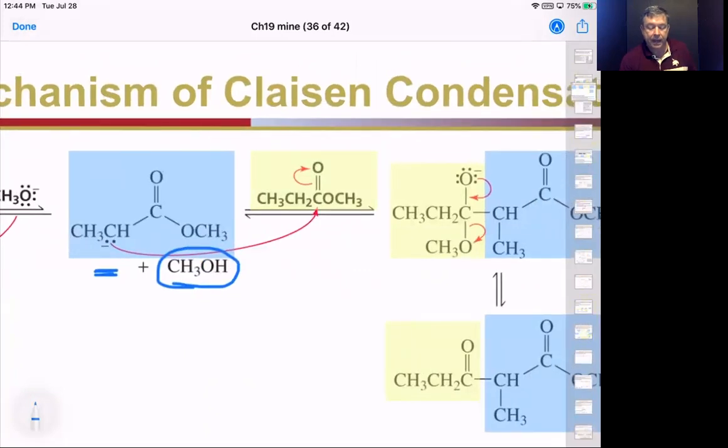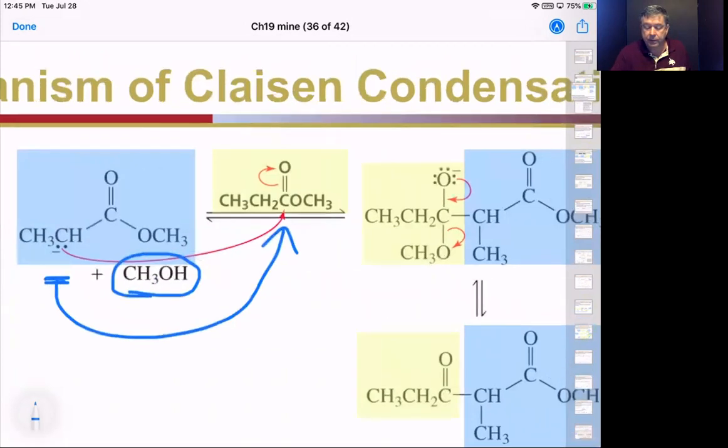Now we have attack by this enolate on the carbonyl portion of a neutral species. In this case, it's the neutral propionic ester of this compound here. And when it does that, it does what we do when we attack carbonyls with nucleophiles. It goes through our tetrahedral intermediate, our addition product right here.